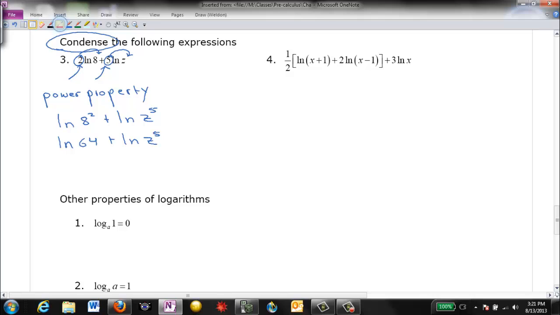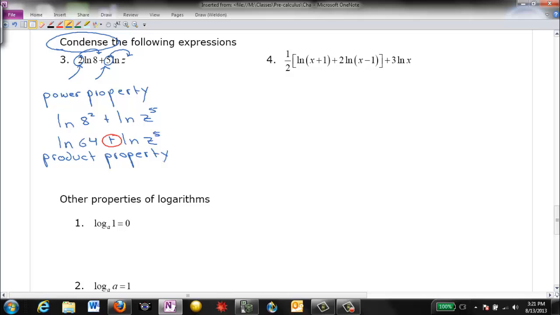Now notice I'm going to circle my addition sign here, right? Whenever we see addition between two logs with the same base, that should be a big bell going off in your head saying product property, right? So we can go ahead and apply the product property and combine those two natural logs together with the product property.